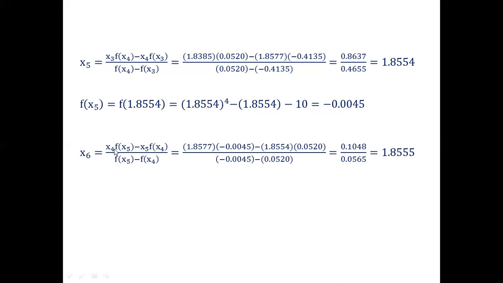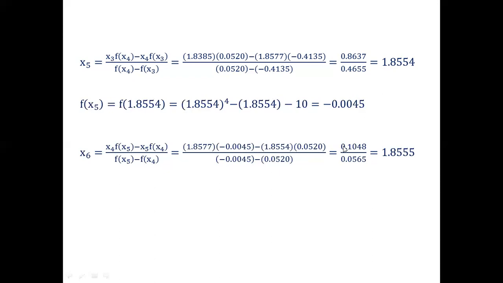Then x6 is (x4 into f of x5 minus x5 into f of x4) divided by (f of x5 minus f of x4), which is equal to x4, which is 1.8577, into f of x5, which is minus 0.0045, minus x5, which is 1.8554, into f of x4, which is 0.0520, divided by f of x5, which is minus 0.0045, minus f of x4, which is 0.0520.